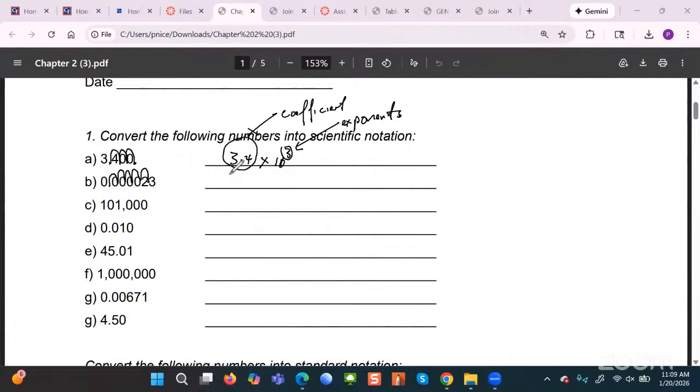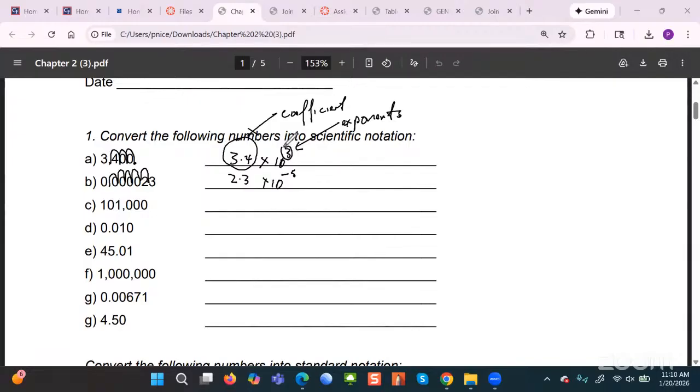The coefficient in this case would be 2.3 multiplied by 10, and this is where things are a bit different. This will be 10 to the minus 5, because in this case, you're moving the decimal point to the right. If you move the decimal point to the left, then the exponent is positive, but if you move it to the right, then the exponent is negative. So that's basically how that is done.